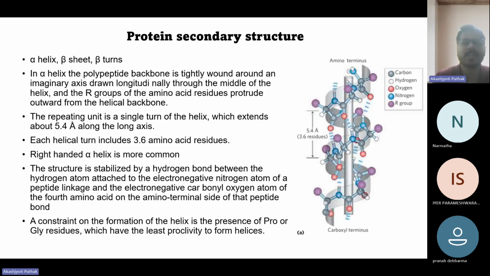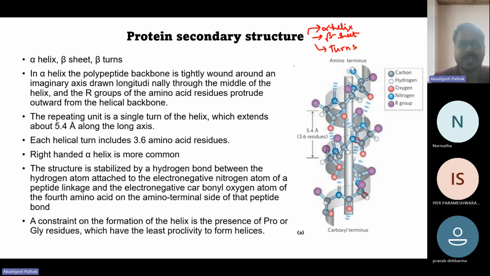So in protein secondary structure, you have three different secondary structures: the alpha helix, the beta sheet, and the turn. These things were not discussed in much detail in your lectures because these are hardcore biochemistry concepts, and the scope of this course mainly deals with molecular biology.